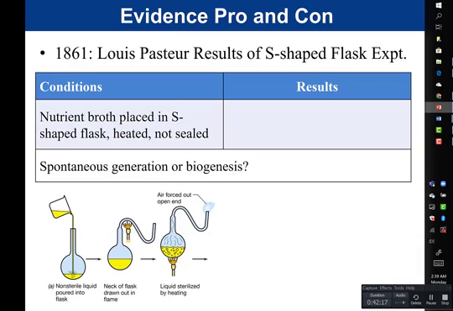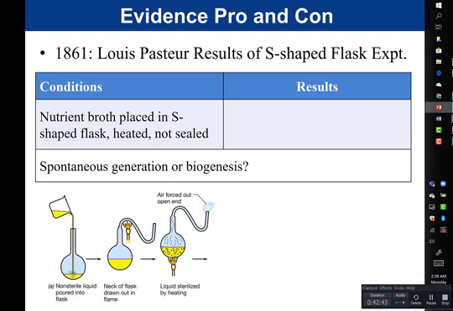Now he used a flame and he bent the glass so that it had this S-shaped neck. Notice that when he created this S-shaped flask, it is open, air can still get in, but anything that comes in is going to settle in the neck of the tube.